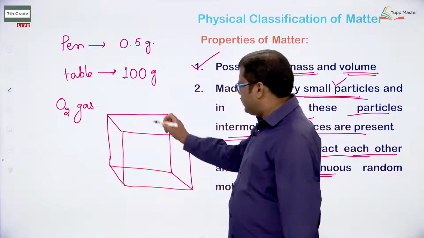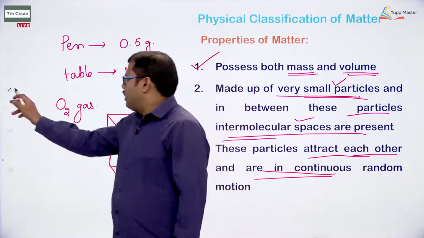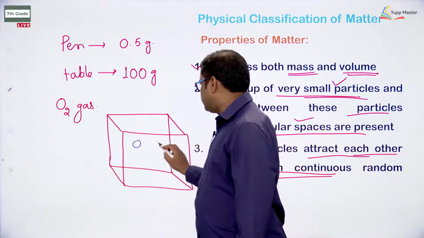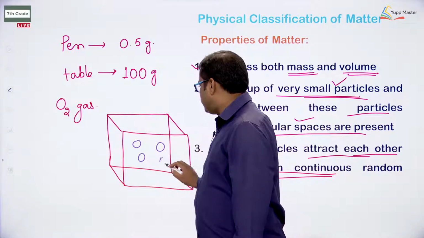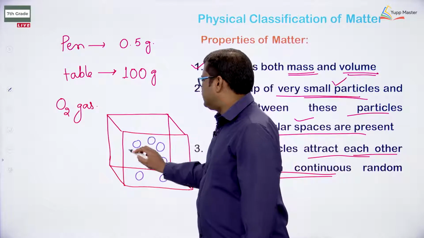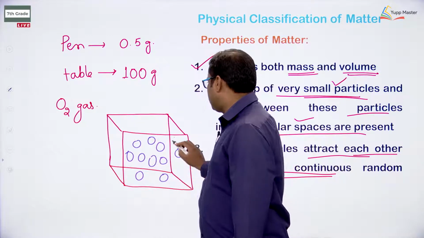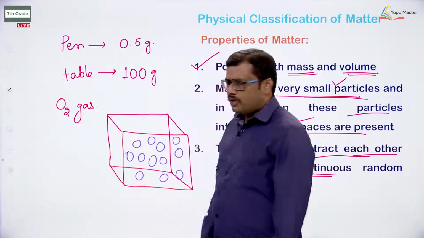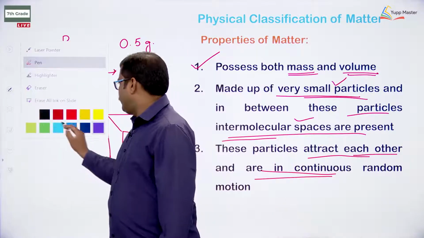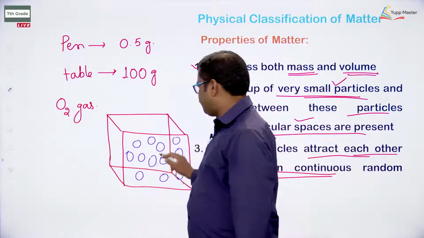So within this cube, if I enclose the oxygen gas, let us say I have the oxygen molecules, and I am representing them with circles. Let us say these circles are present as oxygen molecules within the cube.